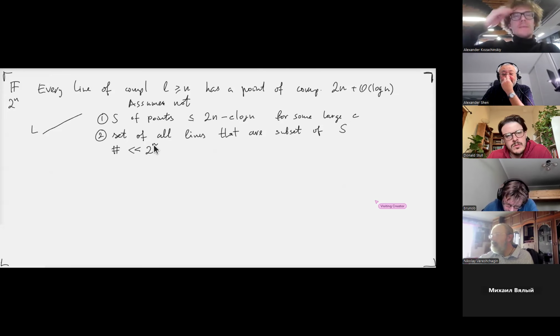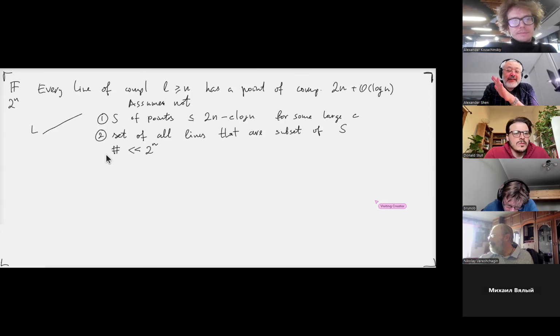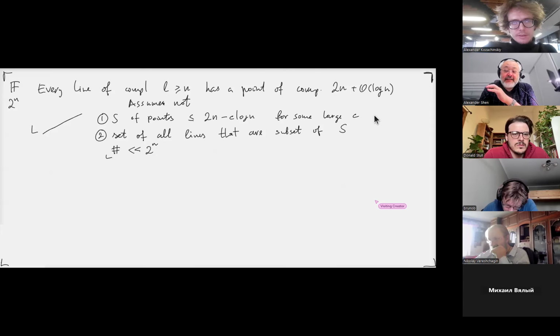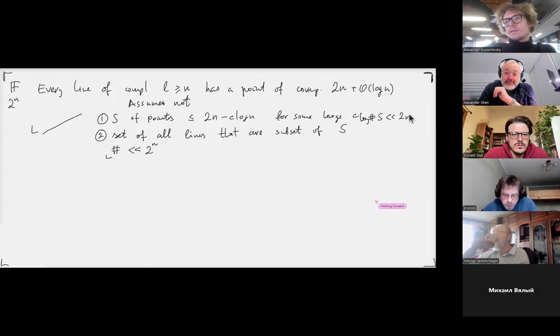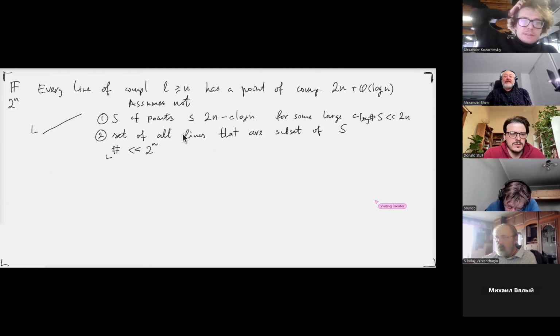So there are three steps. First, the claim is that if a set of points has log cardinality smaller than 2n by some c log n, then consider the set of lines which are its subsets.